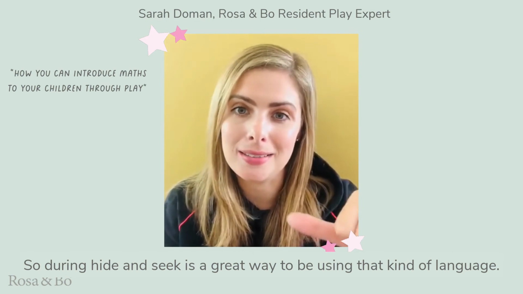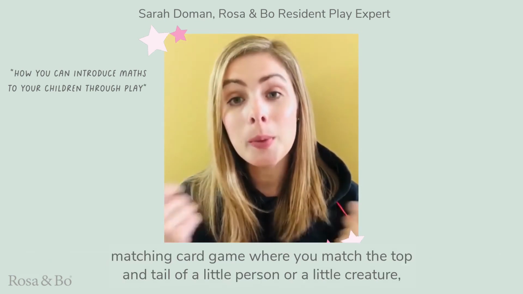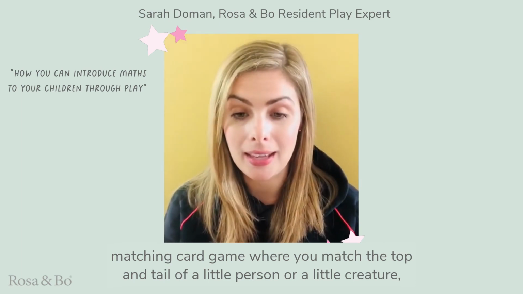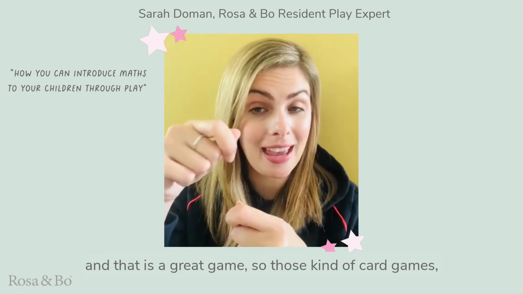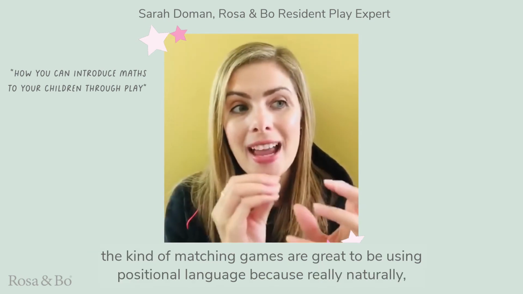So during hide and seek is a great way to be using that kind of language. We also released very recently a matching card game where you match the top and tail of a little person or a little creature, and that is a great game.